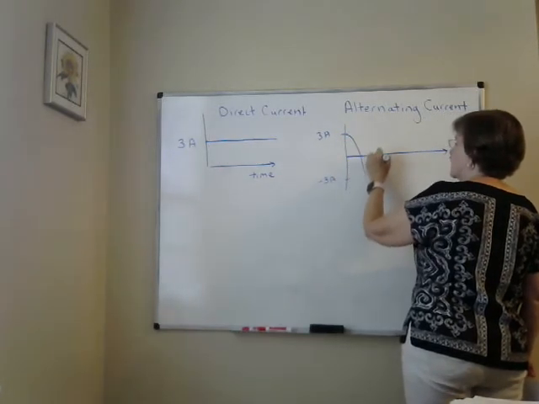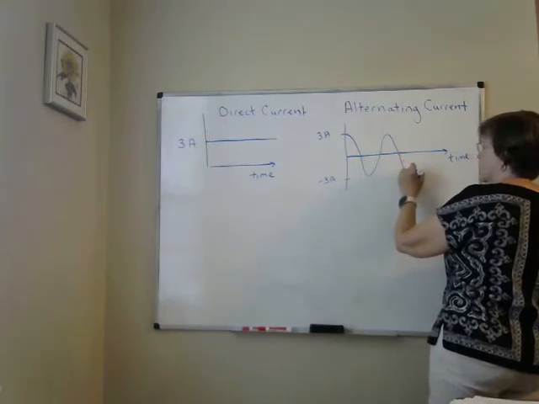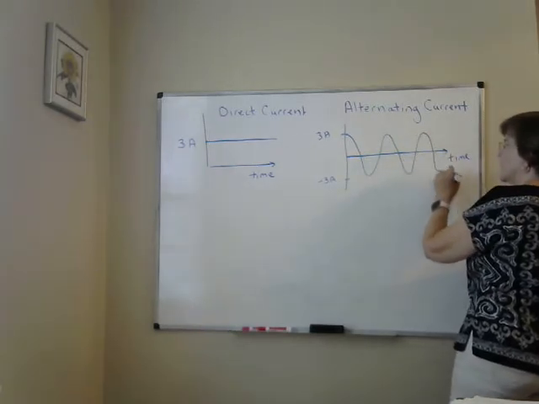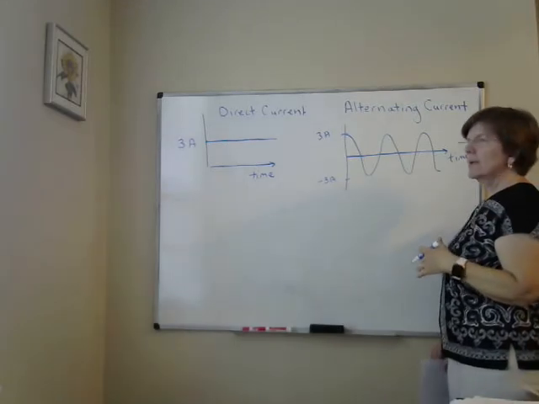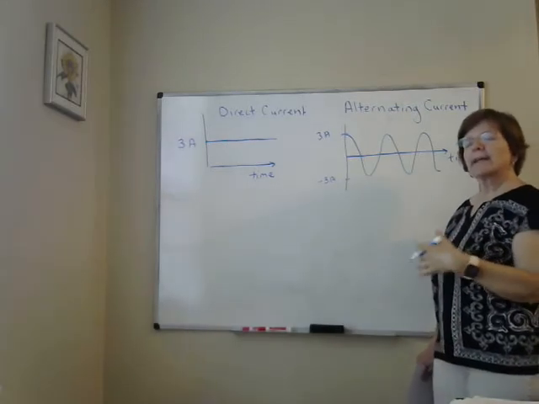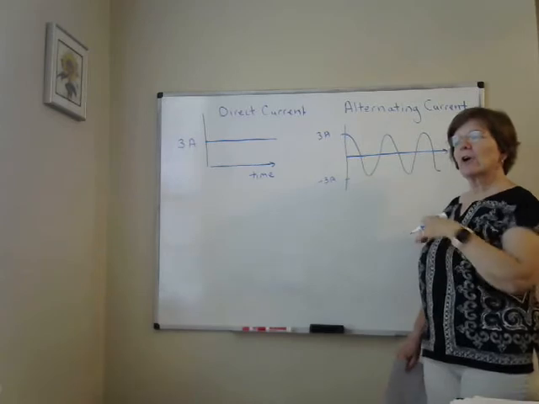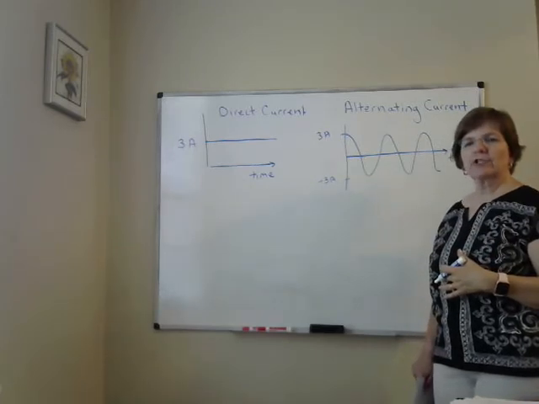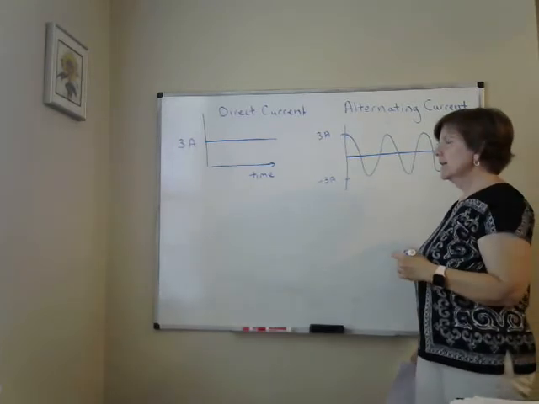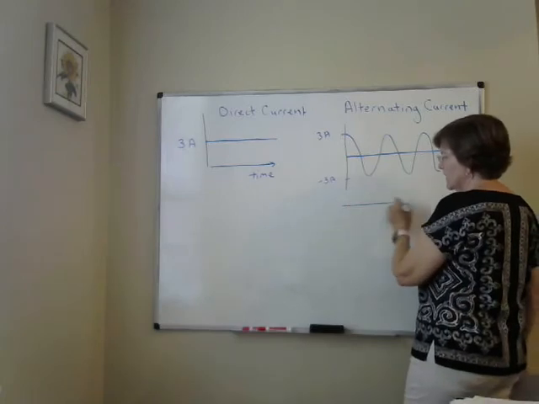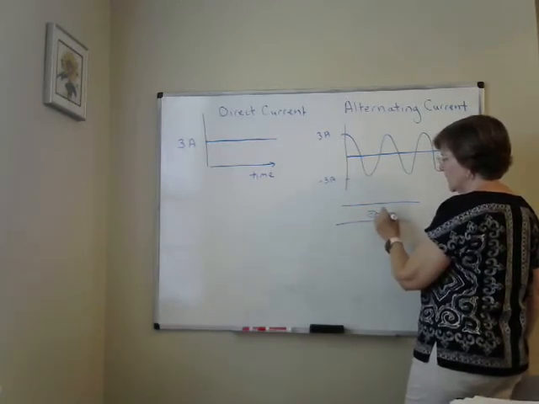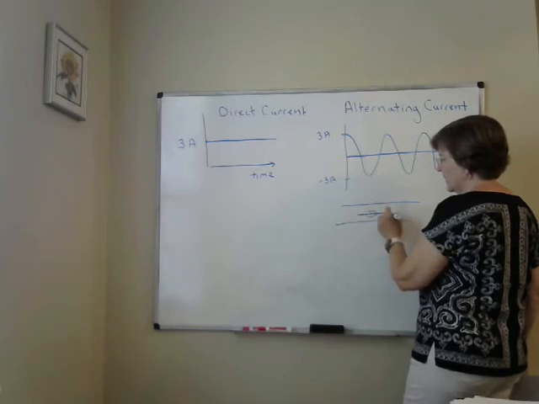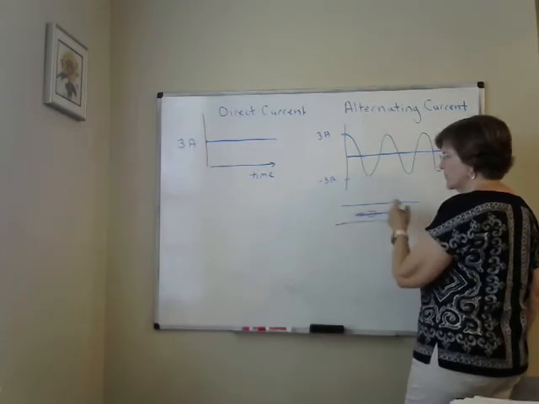It looks like a wave. Notice in between it equals 0 even. In alternating current, the electrons are not moving in one direction. In direct current, all the electrons are flowing in the same direction. In alternating current, the electrons, they're in this conductor. Here's an electron. They're literally moving back and forth, just like a wave almost. They're just going back and forth.